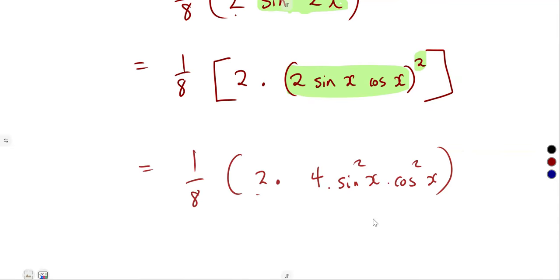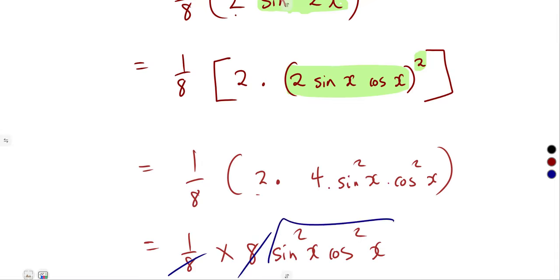This is a product. 2 times 4 is 8. So that's 8 sine squared x cos squared x. And if you multiply this, 1 over 8 times 8, that is going to cancel. And you remain with sine squared x times cos squared x.